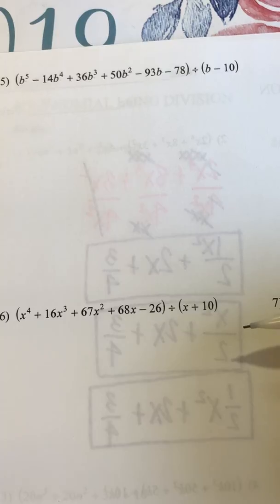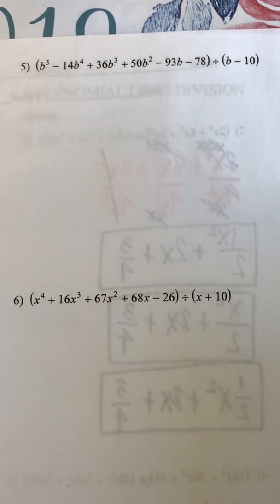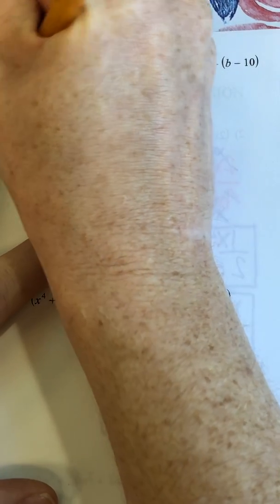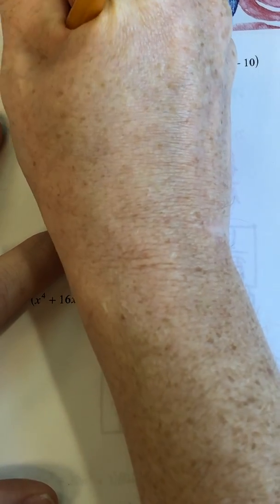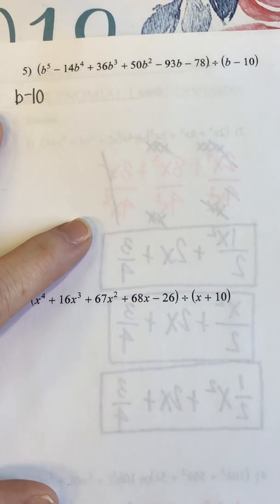Because one of your questions on your quiz on Friday, you will have to do long division, okay? Only one. Everything else, I'm going to teach you a better way, an easier way. All right, so I'm going to start out with my divisor. That's the b minus 10.